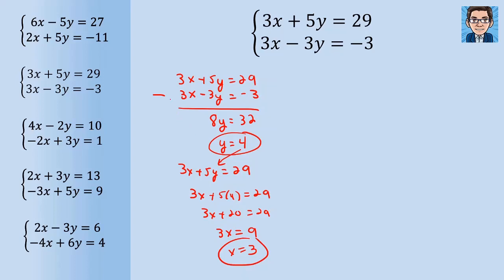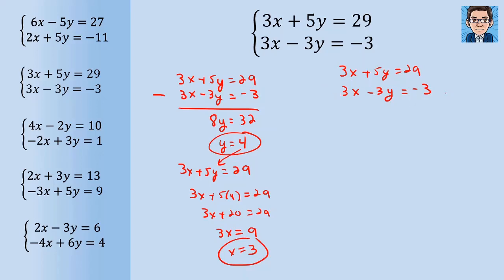Now, if subtracting negative numbers is a little confusing, another way we can look at this is we can start with the first equation. And what we're going to do on the second equation is we're going to make it so that we can add them and then do elimination by adding. So if we were to take the second equation and change all the signs.